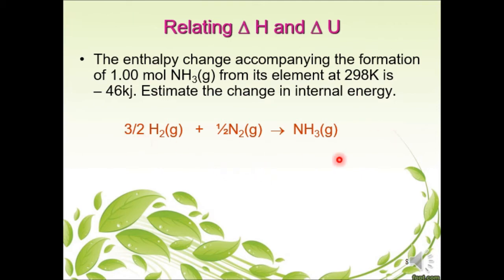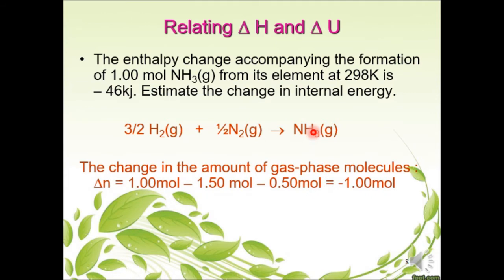So this is the balanced chemical reaction, because formation of ammonia from its elements is hydrogen and also nitrogen. Looking at this balanced chemical reaction, there would be change in the n value, which is number of moles. Remember, if it involves change in number of moles, you will not get 0 value for enthalpy as well as the internal energy.